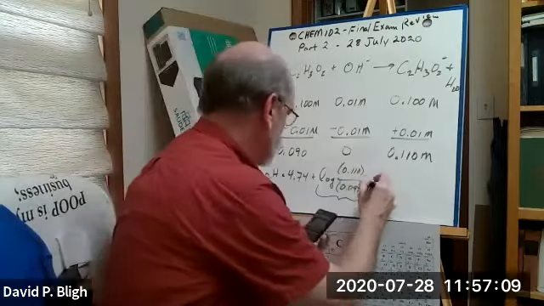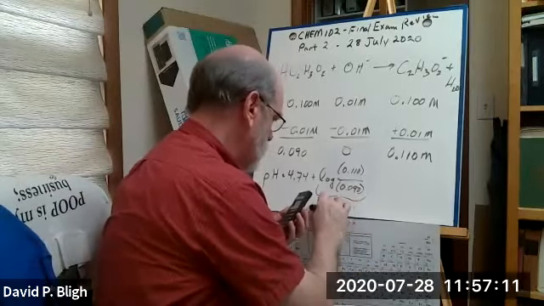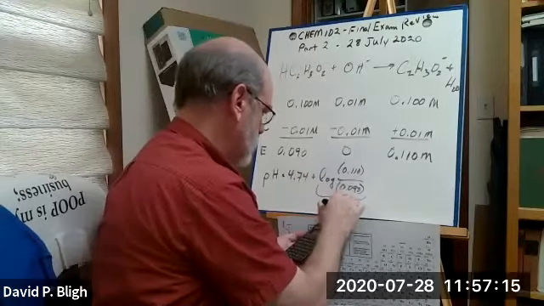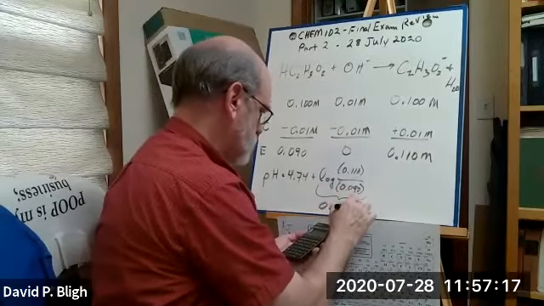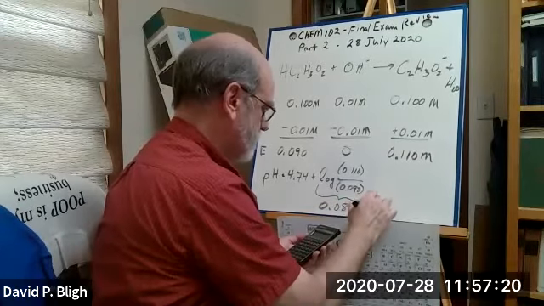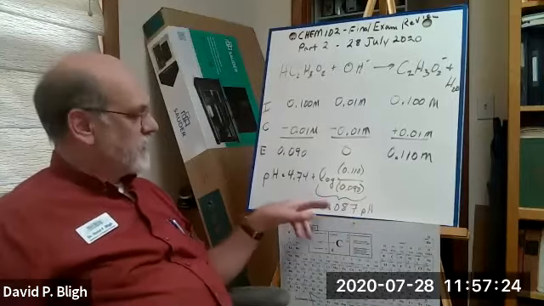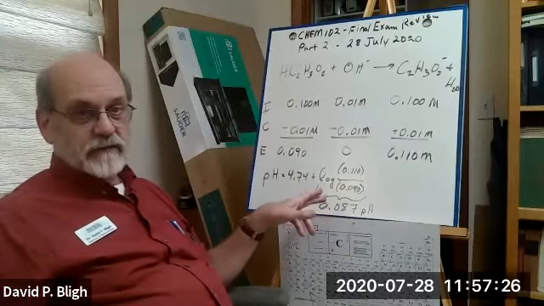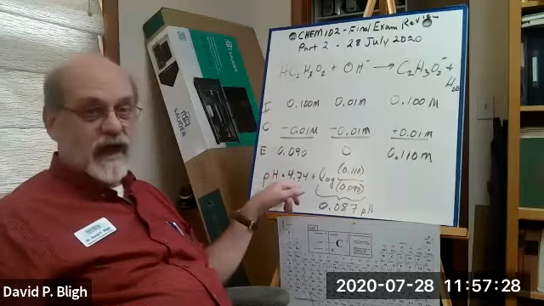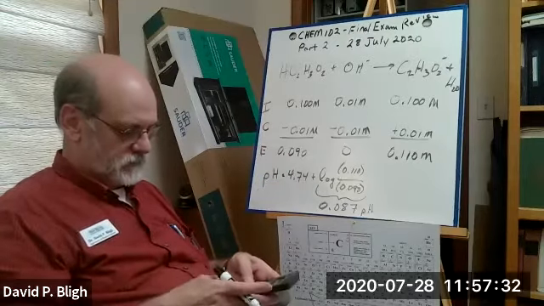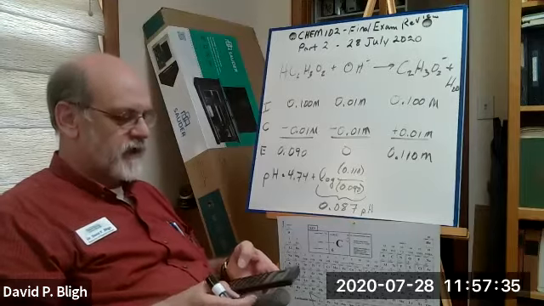And that is equal to, let's see, 0.087 pH units. So the pH is only going to be 0.087 units higher than 4.74. So the pH will be 4.83.